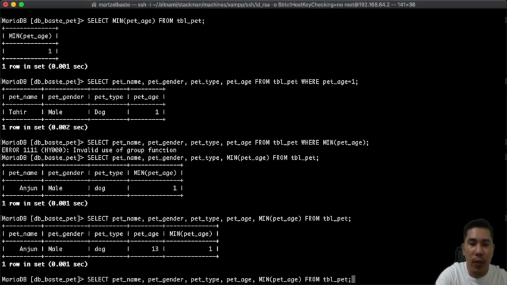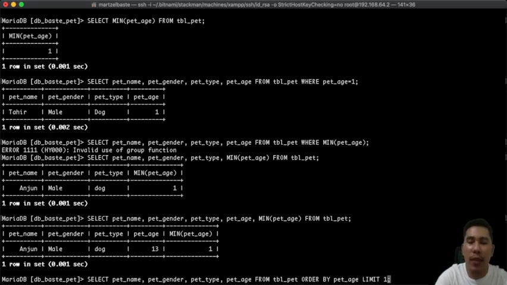To do that, let's have here pet name, pet gender, pet age, pet type, from TBL pet, order by age, and then we are going to limit it by 1.